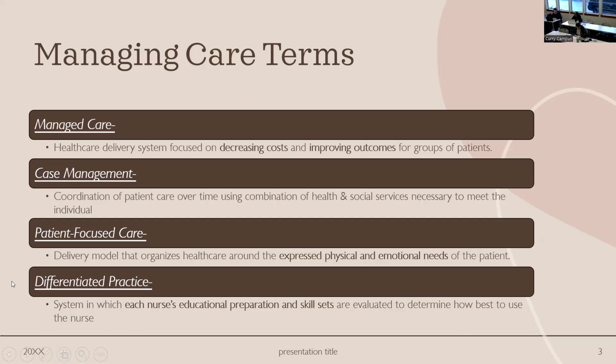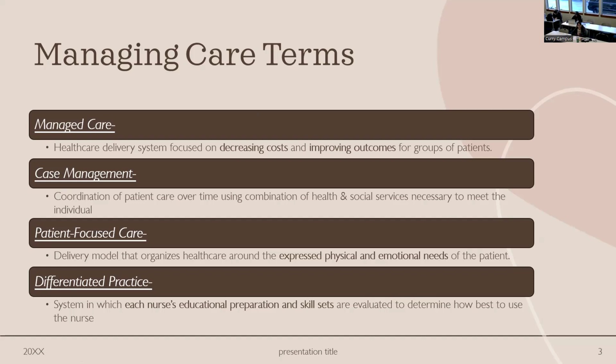So first we have managed care. Basically, managed care is around to decrease healthcare costs and improve outcomes for groups of patients. Some examples would be HMO, which requires patients to choose a primary care provider and get referrals for specialists.